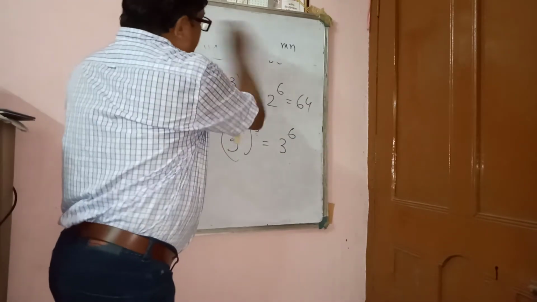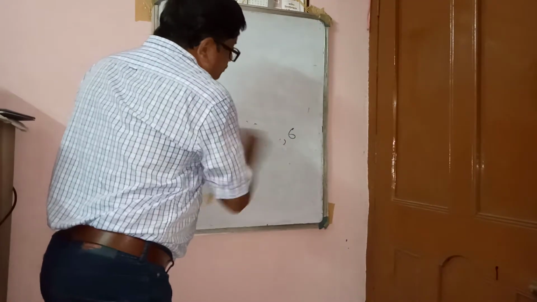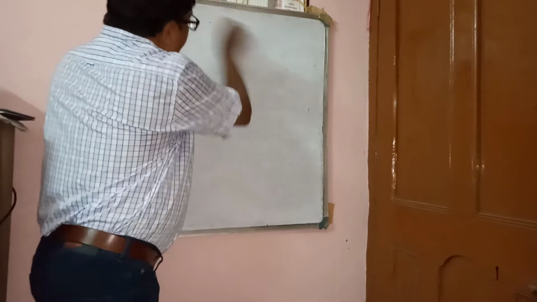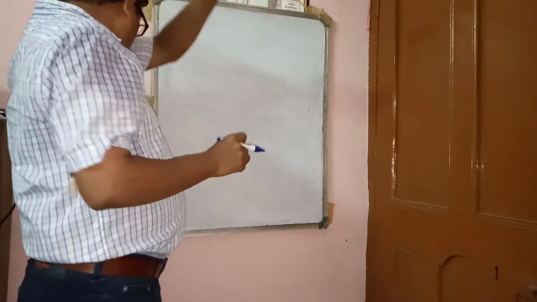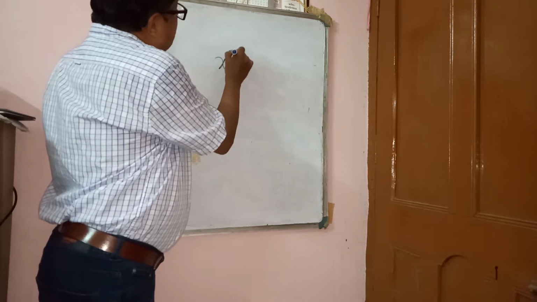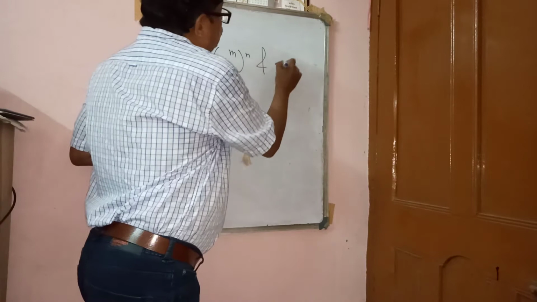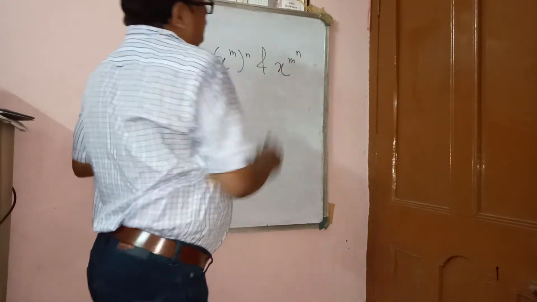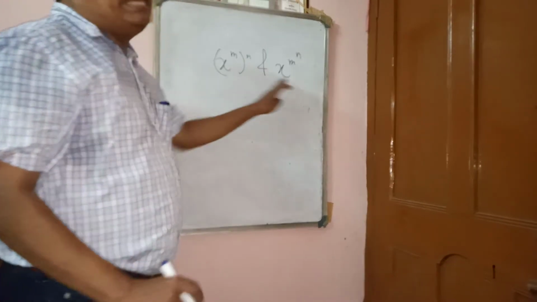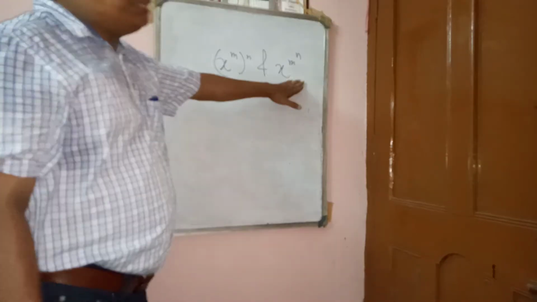If you write here, this bracket is not there. See, I am showing. Suppose x to the power m whole to the power n and x to the power m to the power n, they are not the same. Keep in mind, these are not the same.